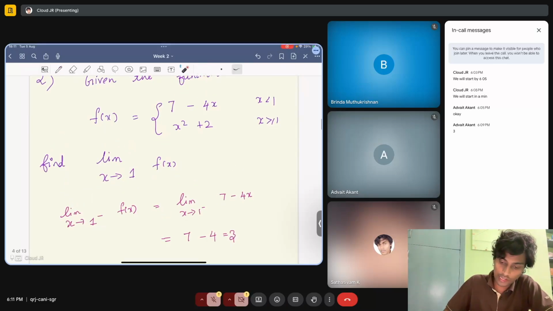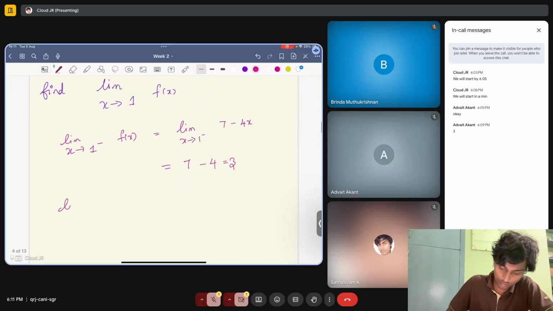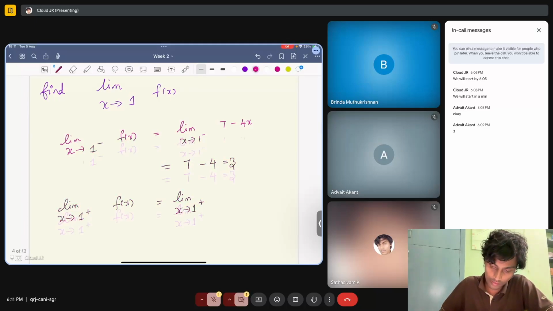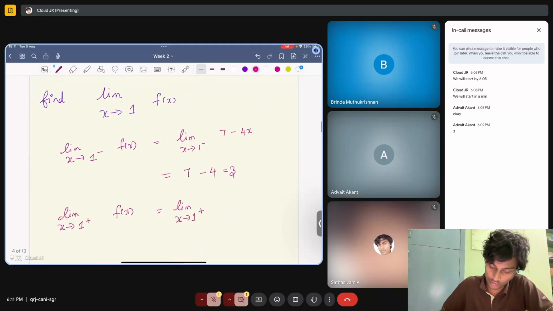So in this direction we got 3, and then we'll check the right hand limit also. So let's look at the limit as x tends to 1 plus of f of x. This is the limit as x tends to 1 plus of x square plus 12.